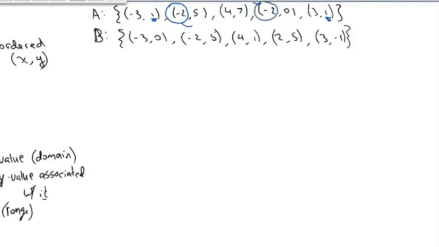This -2 is associated with 5. This -2 is associated with 0. Having repeating y values is irrelevant because I put this one as repeating 5 and 5. This -2 is going to +5, and this is a +2 going to +5.